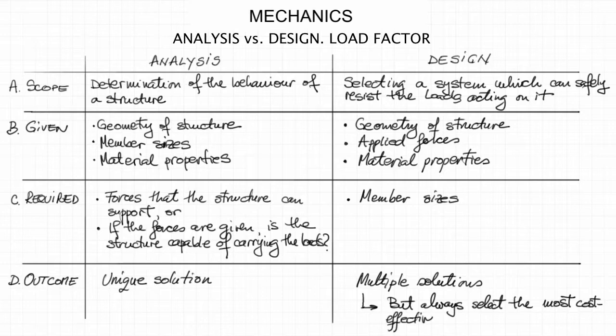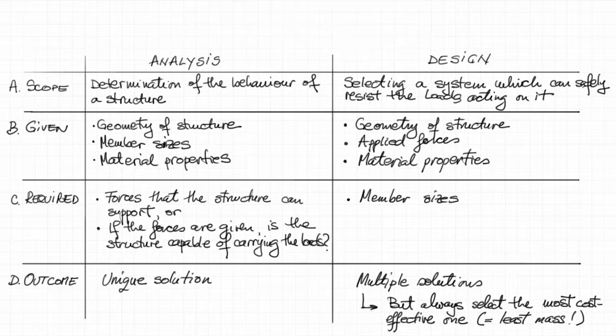However, for efficiency, one must always select the most cost-effective solution. In general, that means the least mass, the lightest members, because the cost of the members is based on their weight. So these are the main differences between analysis and design.